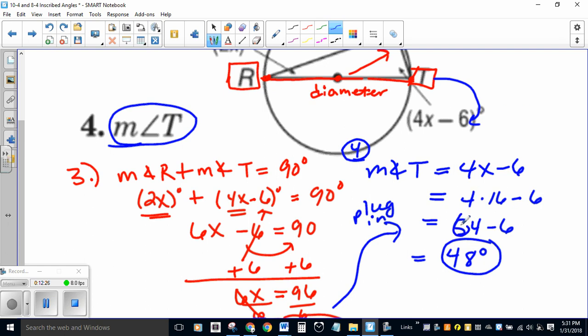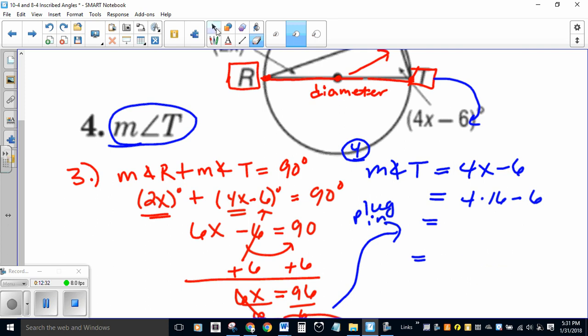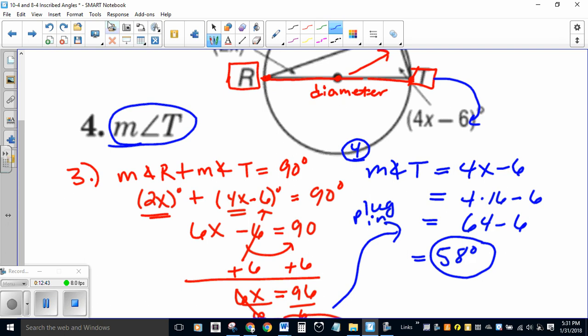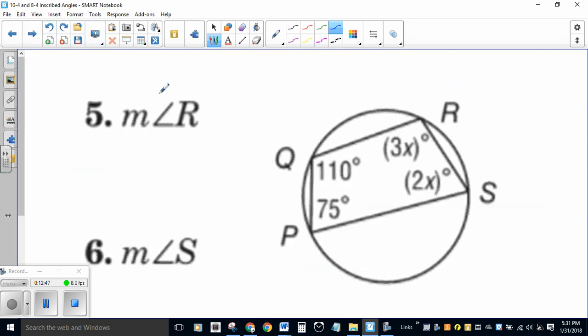Oh, I'm sorry, 64. Messed up. Let's erase that. Probably made a mistake. So it's 64 minus 6, which is 58 degrees. Big difference. Okay?